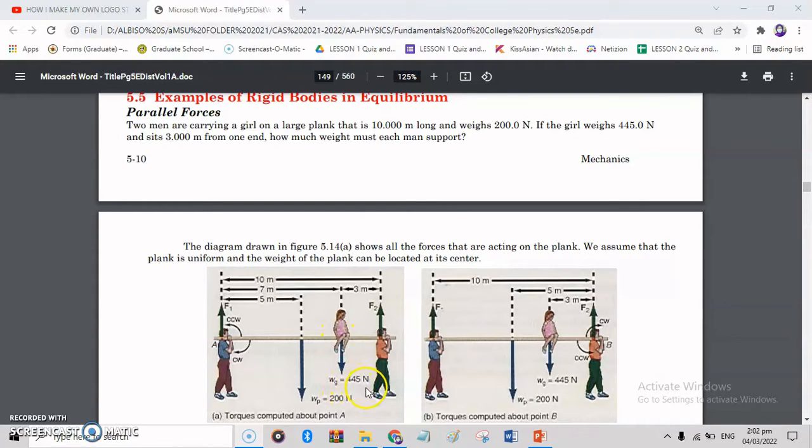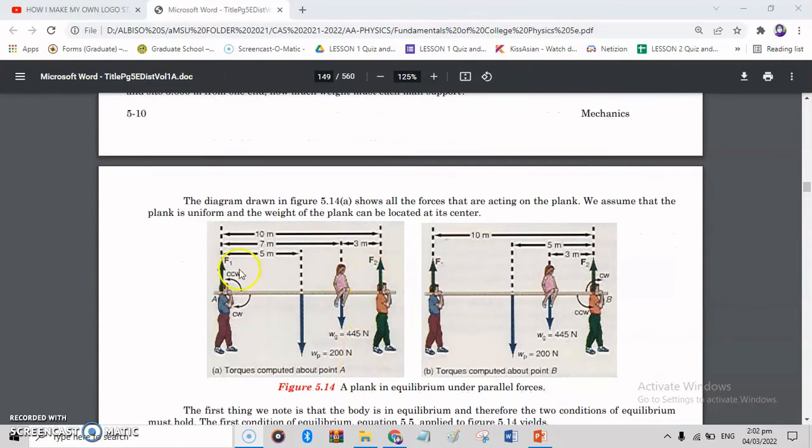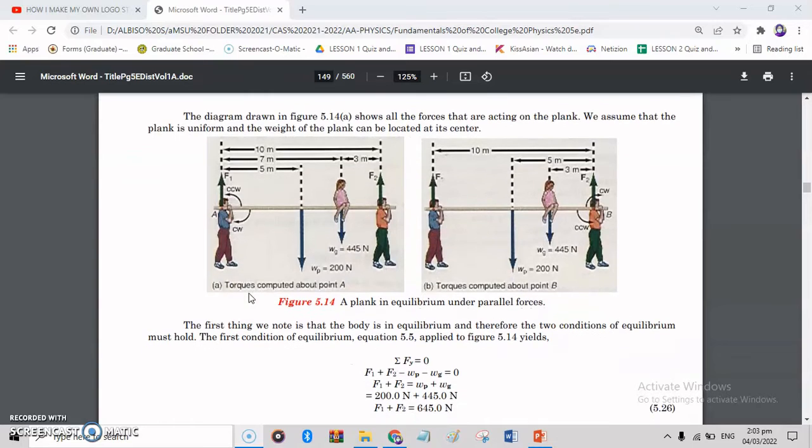How much weight must each man support? So, ano yung F2 and F1? Yan yung forces na kailangan nilang i-exert or i-support para ma-karga nila si girl.